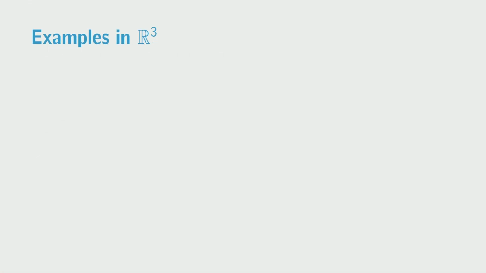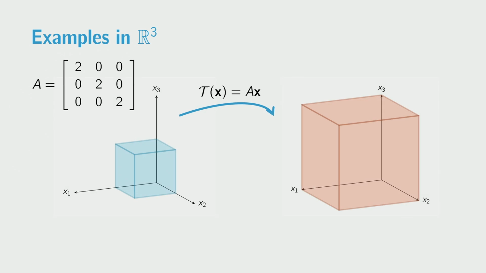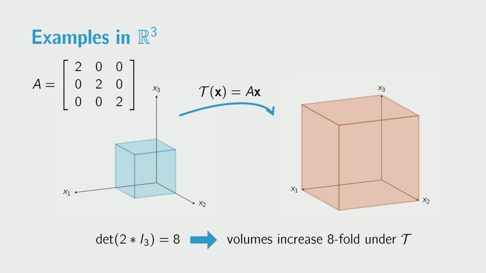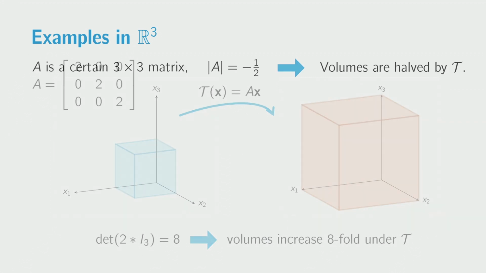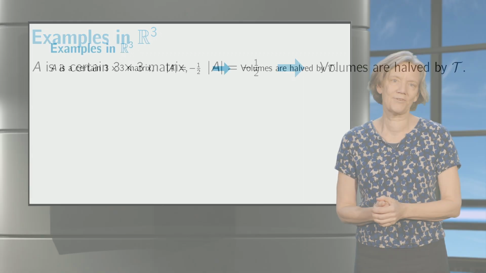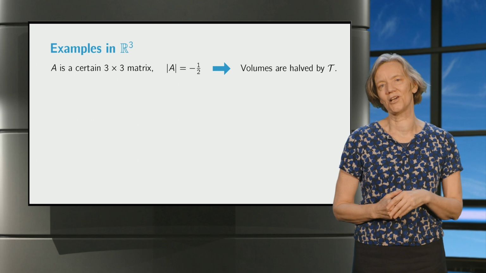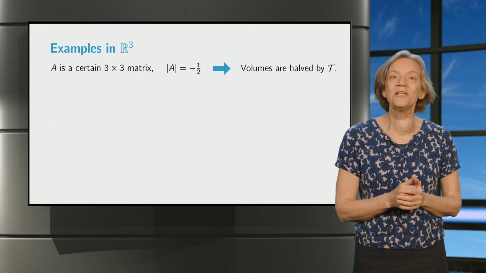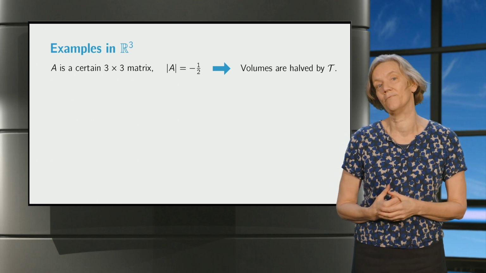Some examples in R3, so I can show nice figures. A multiplication by this matrix A makes the unit cube grow in all 3 directions by factor 2. The image of a volume is 8 times as big as the original volume. Another example. A certain matrix A has a determinant of -1/2, so the transformation halves the size of every volume.